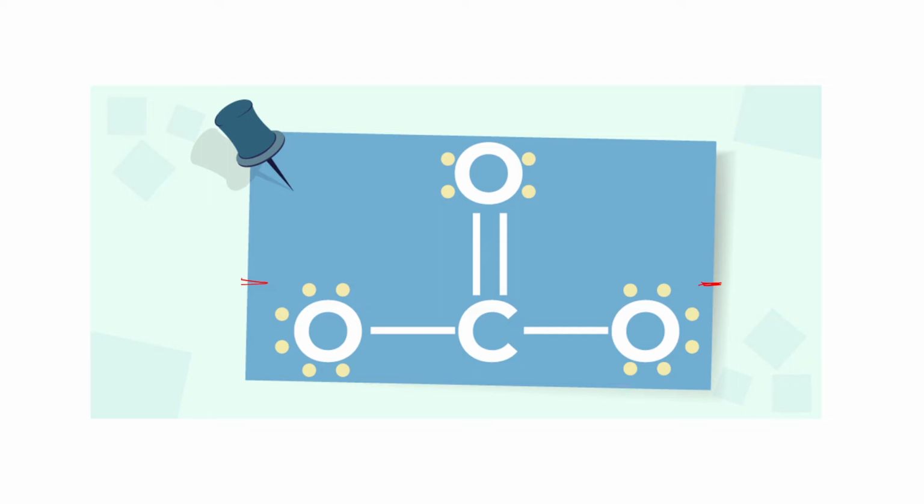We said that the formal charge is valence electrons minus non-bonding electrons minus bonding electrons divided by 2. So if we look at it like that, we're going to have 6 valence electrons for oxygen, minus the non-bonding electrons, 1, 2, 3, 4, 5, 6, and we're going to be subtracting the bonding electrons, which is 2 over 2.